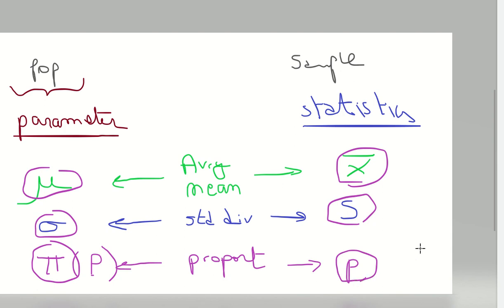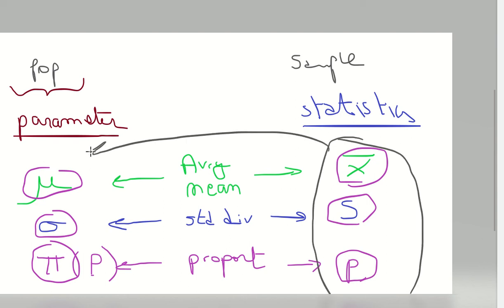Then the other thing that I want to mention is what links the statistics to the parameters. Simply, the statistics are estimates of the parameters. Because most of the time, the values in the population are not known, because very rarely do we study the population.